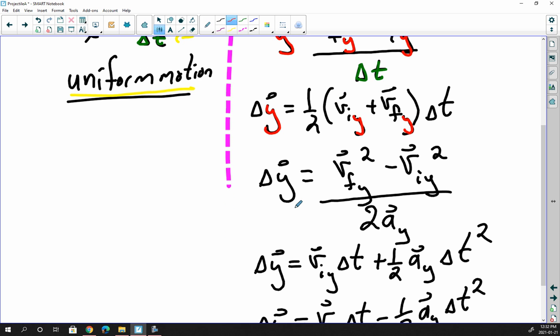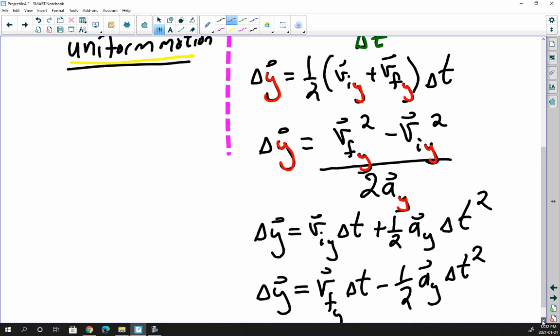They have to be broken down into x and y. Similarly, delta y, the change in position y component, is equal to final velocity y component squared minus initial velocity y component squared all over 2 times the acceleration y component.